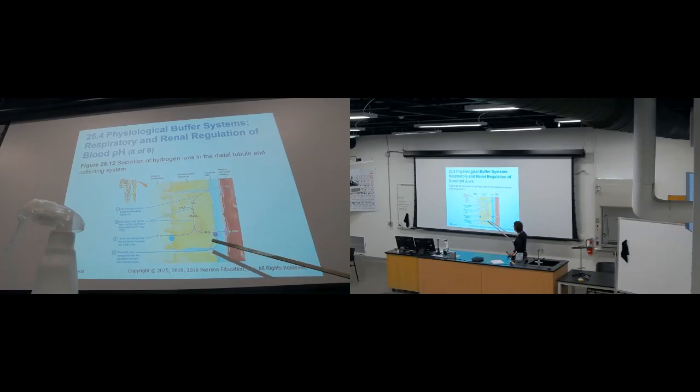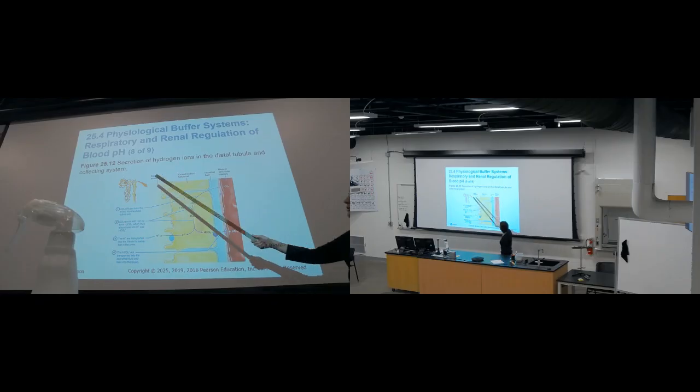And then carbonic acid with that same enzyme can be broken down into bicarbonate ions and hydrogen ions. Hydrogen ions are excreted because you don't need them, and then bicarbonate will come here to react again with whatever excess of hydrogen ions you have, to start over that cycle. So that's the mechanism of secreting hydrogen ions in both the distal tubule and the collecting system.